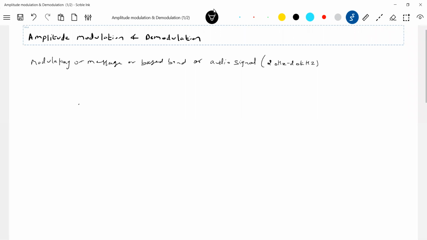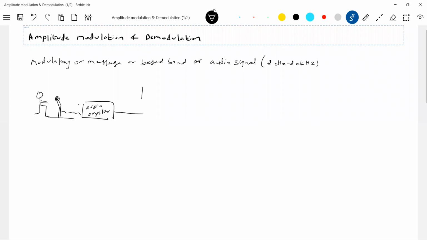That one. Let me transmit this directly. I'll give it to the audio amplifier. I will not modulate it.